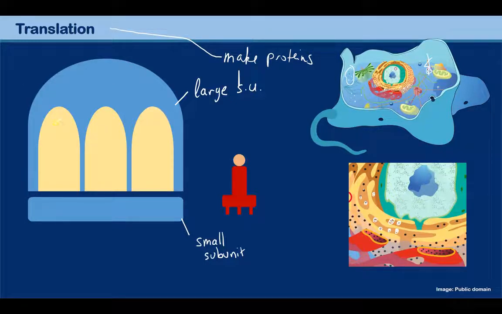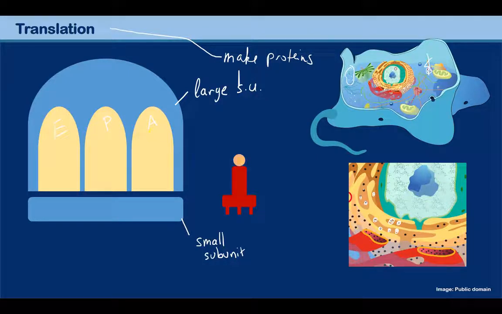I call this the E, that's the exit area. Then you have the P, that's the polypeptide area, and this one is the A, the acceptor. EPA, just like the Environmental Protection Agency in the United States. So that's the exit site, the polypeptide site, and the acceptor site.